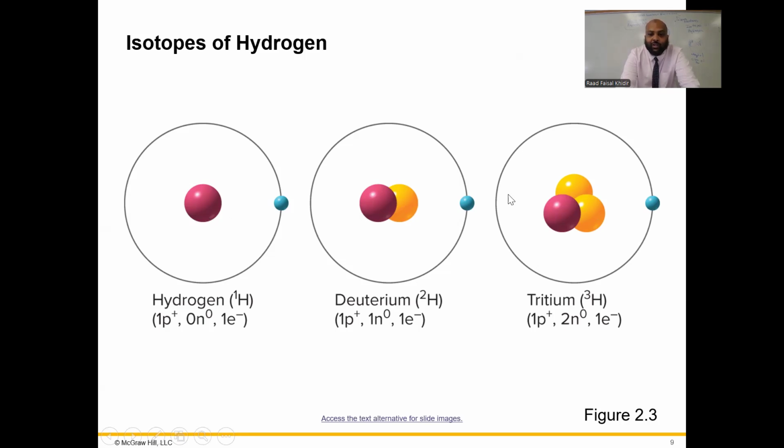Then the neutron is what makes them different. So isotopes have the same atomic number, but they have different neutrons or different mass number. Very good. Okay, you see that always to be neutral, you must have the same number of protons and the same number of electrons.